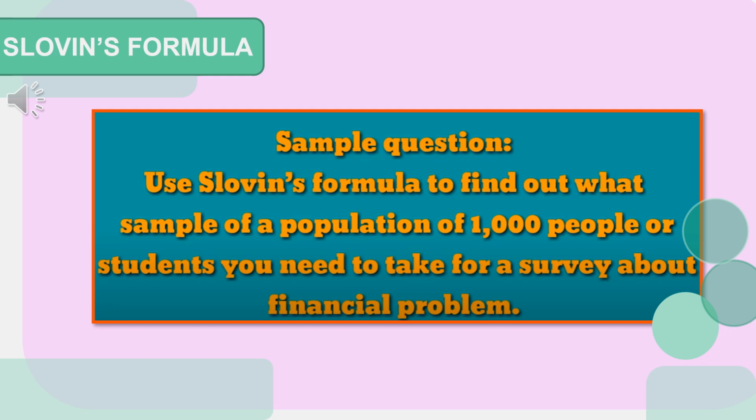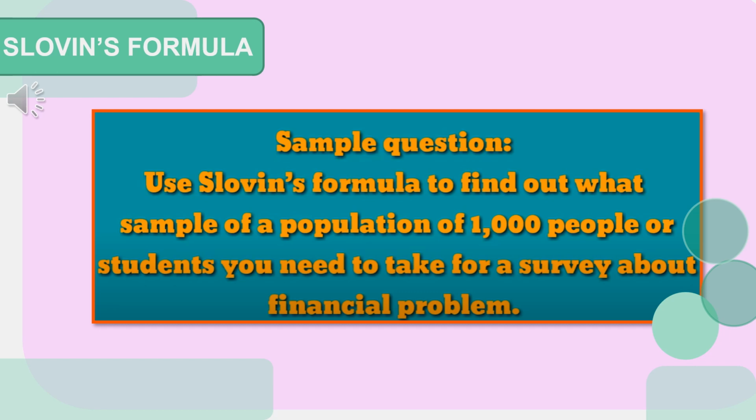Now let's have our first example. So again, Slovin's formula is used to determine the appropriate number of respondents or samples in a survey. This determination of sample size is based on the availability of the number of population. So without the actual value of a population, Slovin's formula is not appropriate.